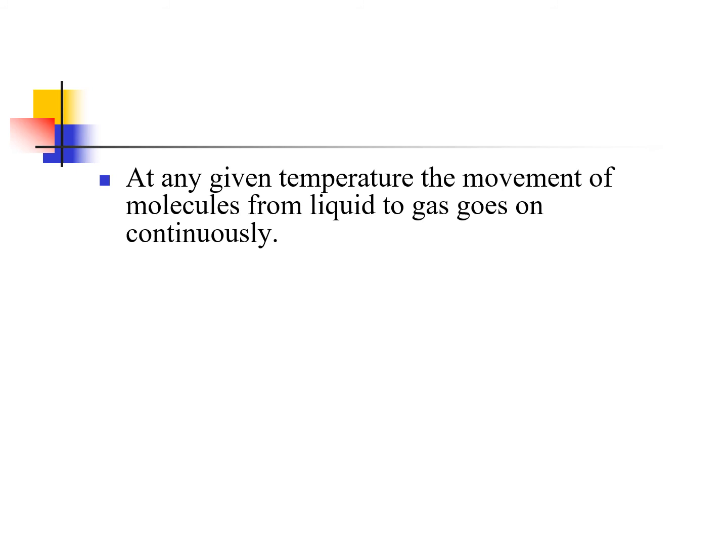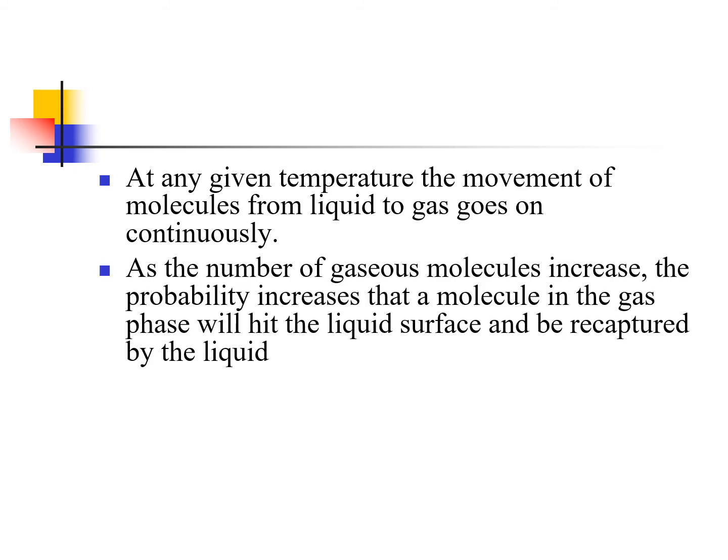Now, at any given temperature, the movement of molecules from liquid to gas goes on continuously. And as the number of gas molecules increases, the probability increases that a molecule in the gas phase will hit a liquid surface and be recaptured. So as we let things sit, occasionally the gaseous molecules will re-hit that liquid due to sheer random motion.